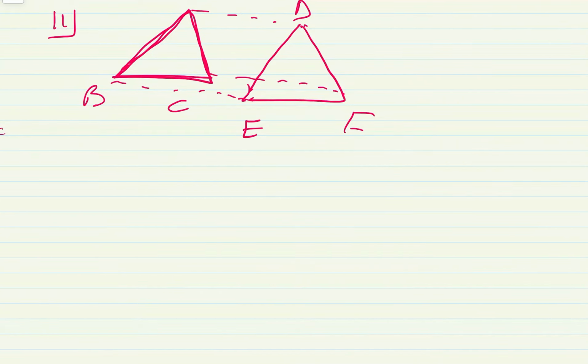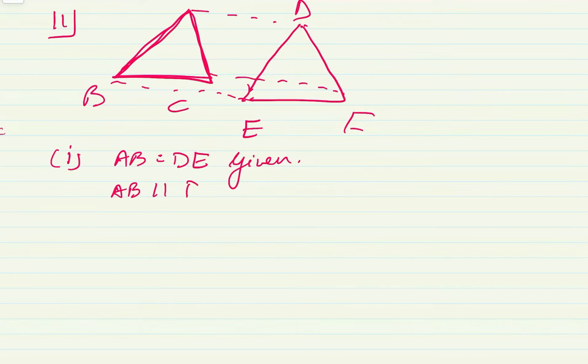Now first thing we have to prove is ABED is a parallelogram. Now we know that AB is equal to DE, which is given to us, and AB is parallel to DE, that is also given to us.